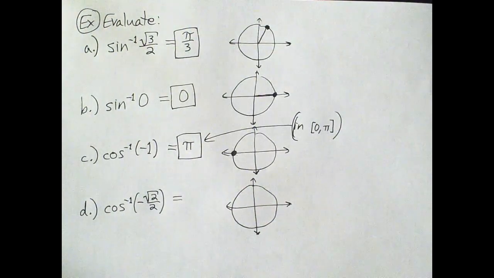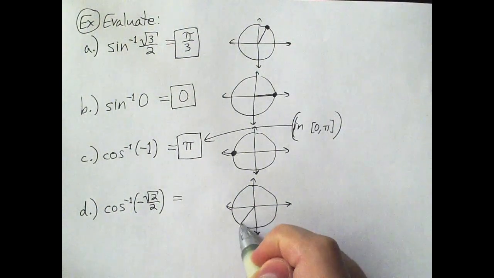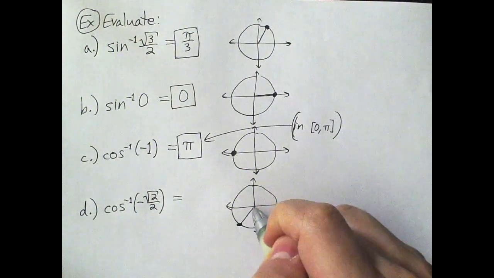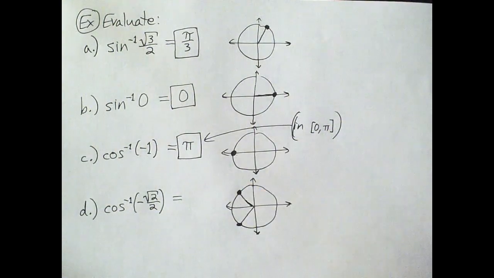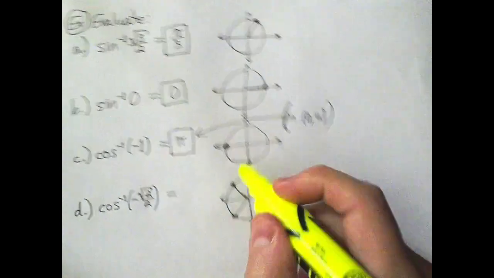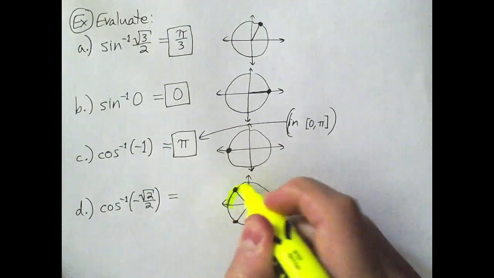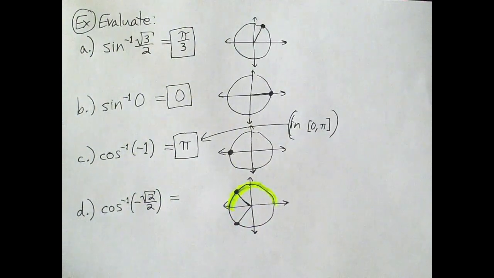And the last one, there are two places on the unit circle that do this. There's this place here, and there's this place here. But we need the one that's in the correct part of the unit circle, right? So remember, get the highlighter out. We need to be in the top half of the unit circle for inverse cosine.